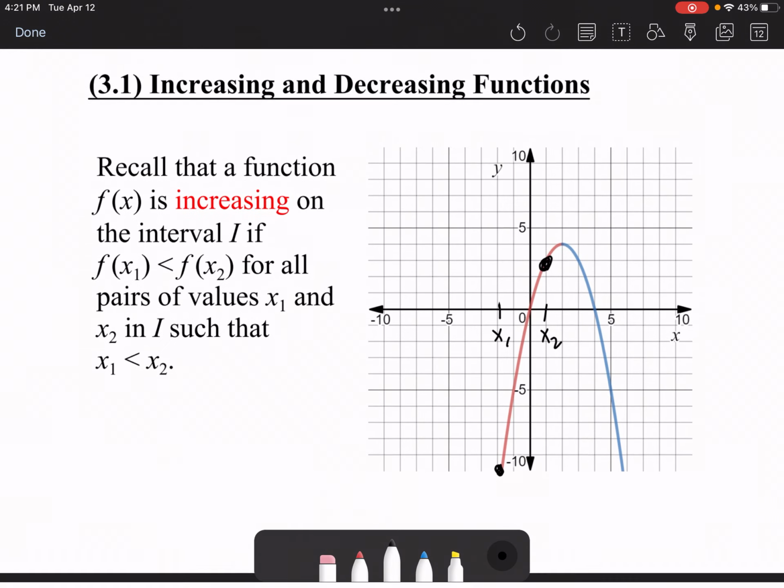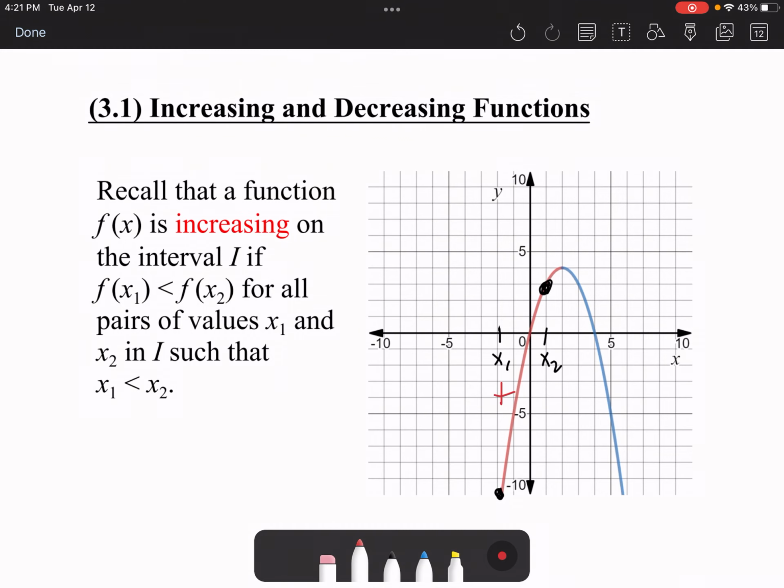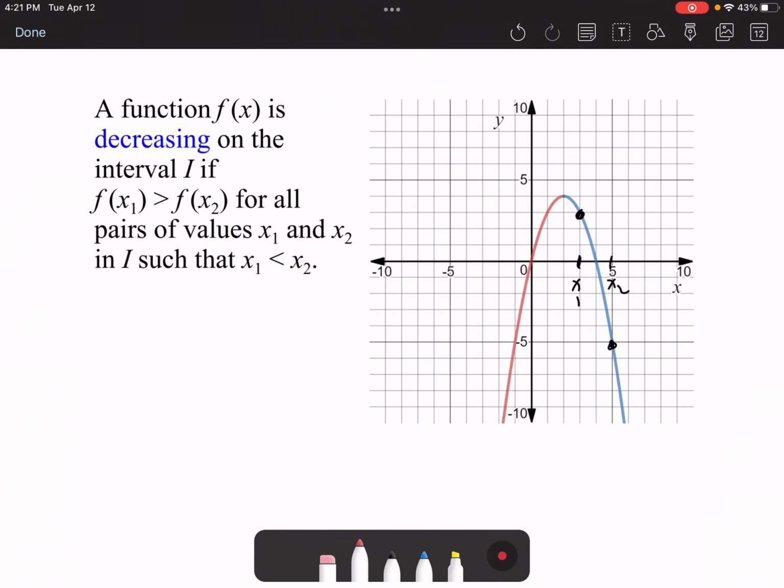Now remember that increasing and decreasing functions match to the derivatives. So the derivative calculates the slope. Notice the slope on my left side are all positive slopes, whereas on the right side we have slopes that are negative.